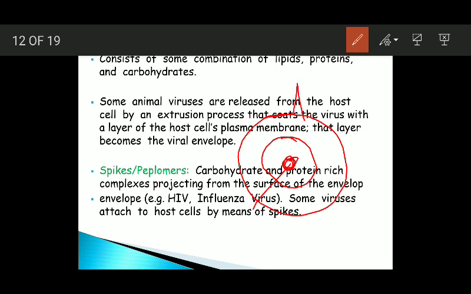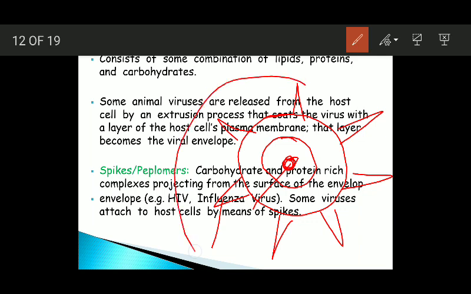And this outermost covering contains projections made up of carbohydrates and proteins. These projections are known as peplomers or spikes. They have been found to assist some viruses in getting attached to the surface of host cells.